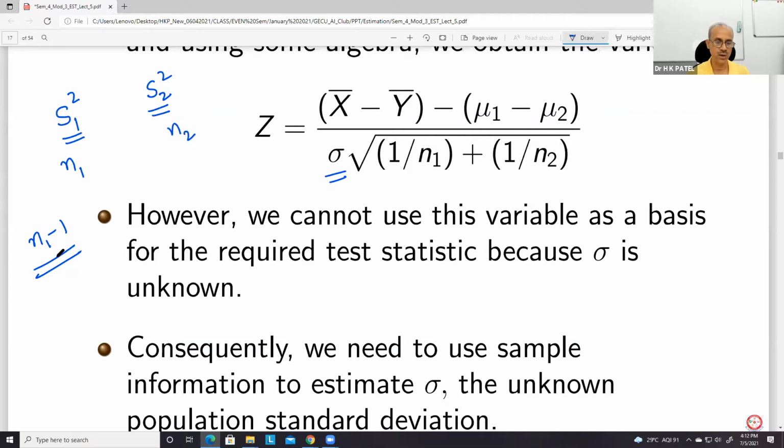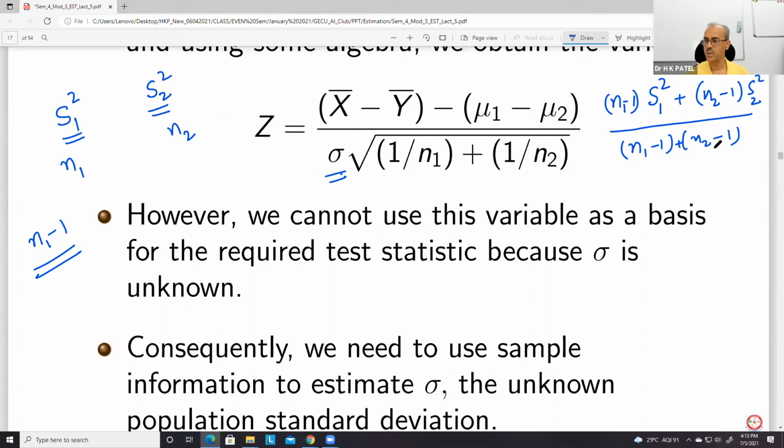So these are our numbers. To get the approximate value of sigma, we use N1 minus 1 times S1 square, plus N2 minus 1 times S2 square, upon N1 minus 1 plus N2 minus 1, that is N1 plus N2 minus 2.